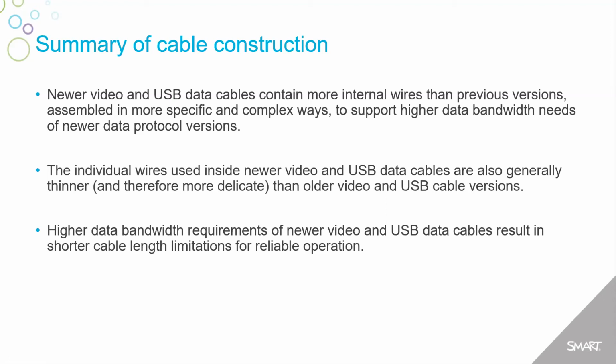If you've looked at any cables in your school or organization over the years, the thickness of the outer diameter of the cable really hasn't changed all that much. So in order to accommodate more wires internally, the wires necessarily have to be thinner and smaller. And the higher data bandwidth requirements of newer video and USB result in shorter cable length limitations for reliable operation.